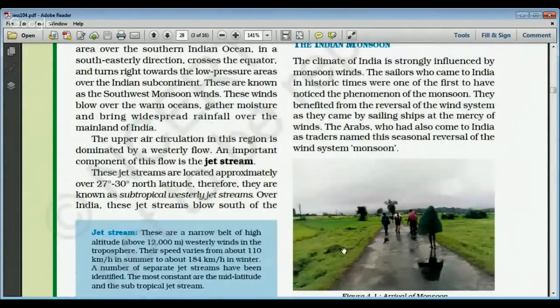And the Arabs, who had also come to India as traders, named this seasonal reversal of the wind system monsoon. But I've told you what the reality of this monsoon is. This monsoon is actually not the seasonal reversal. It is only the apparent movement of sun.